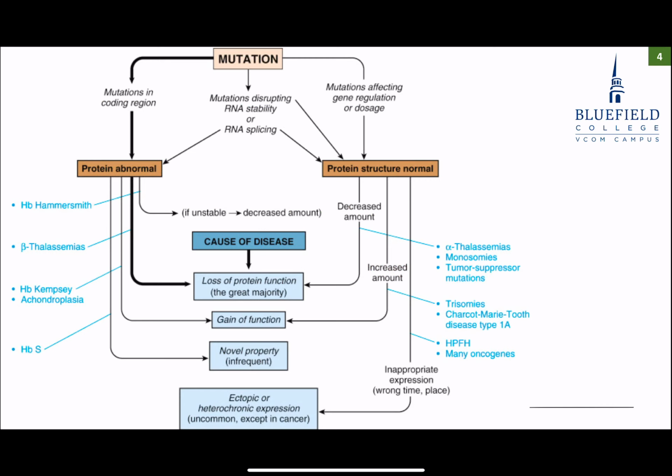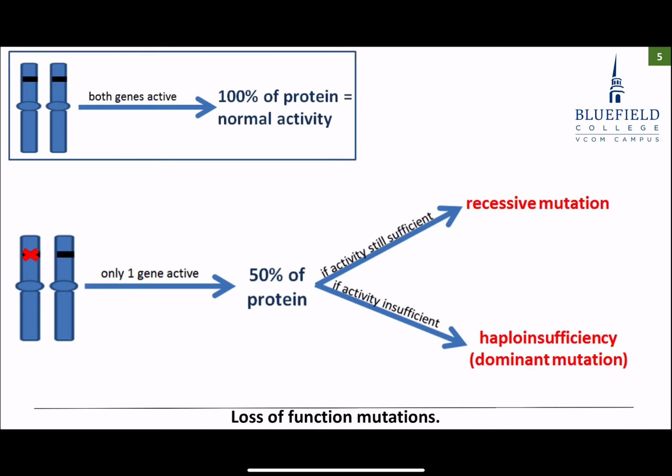So now let's talk about recessive and dominant mutations. So how does it translate into molecular mechanisms? Let's assume that there is only one gene active, the other is mutated here, compared to this normal situation when there's 100% of normal protein amount and activity.